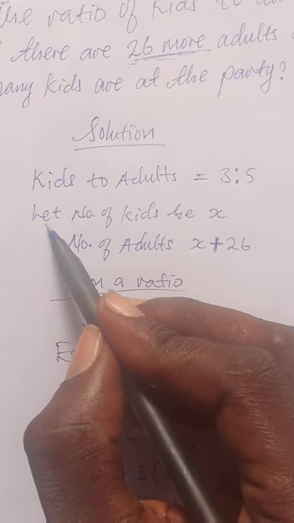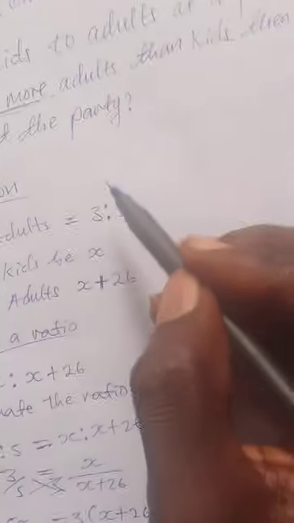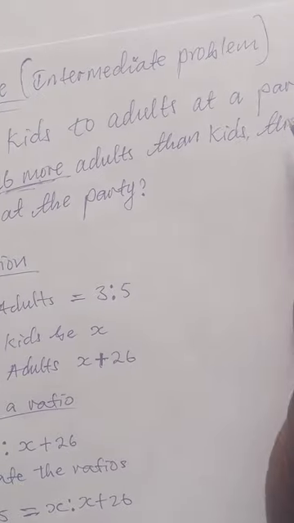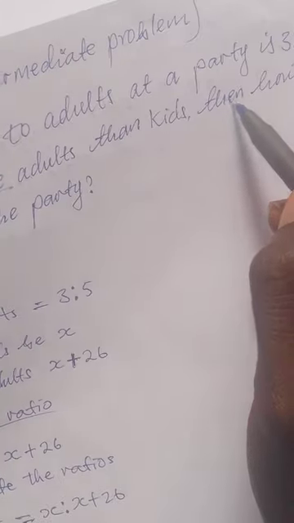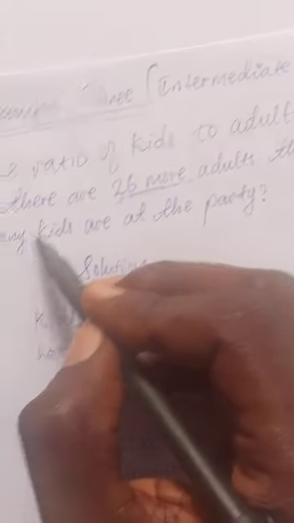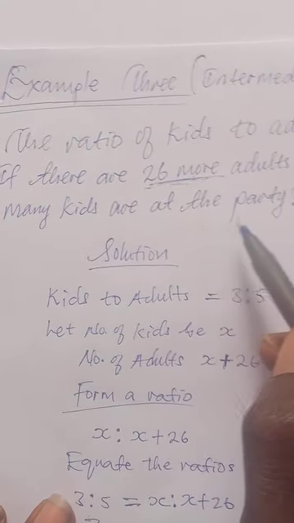We are told that we should let the number of kids be x. And what are we asked to find? We are asked to find how many kids are at the party.